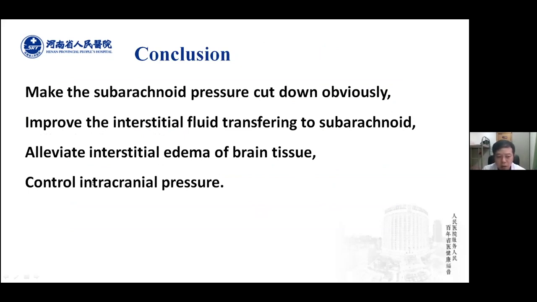It can also control the intracranial pressure, because we have the ICP monitors in the ICU. But this time I had to get the ICP data from the ICU, so maybe next time we can get this directly. I think using CSF drainage and cisternostomy to control intracranial pressure is very good.